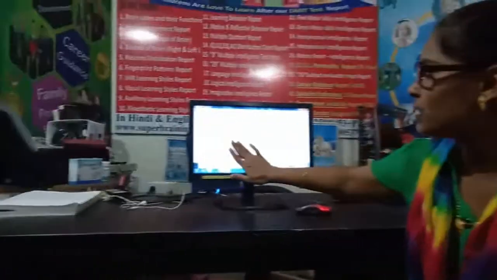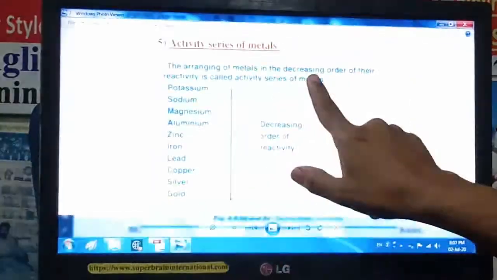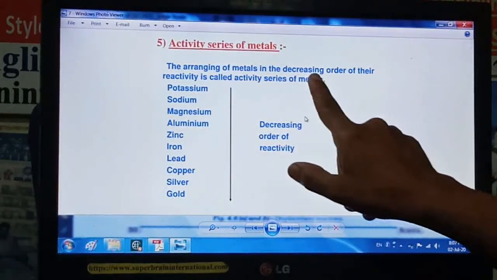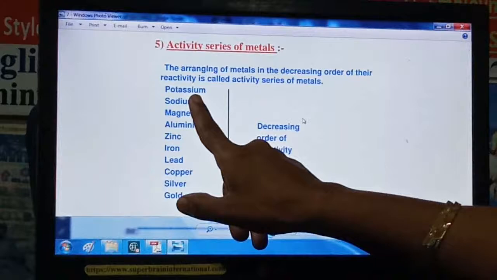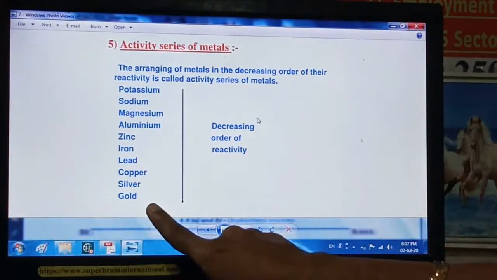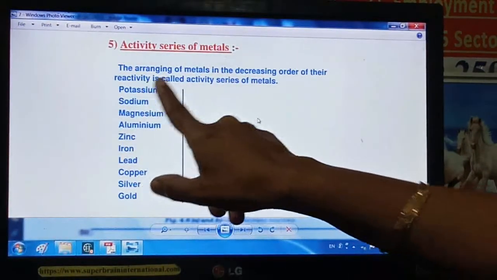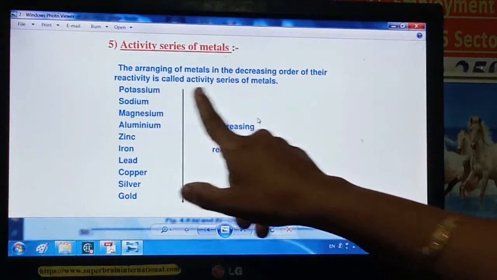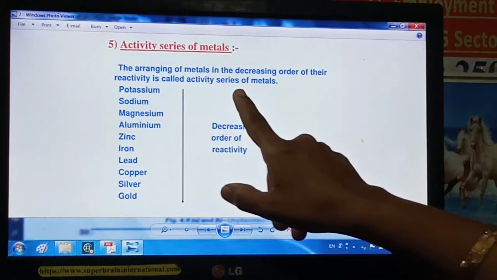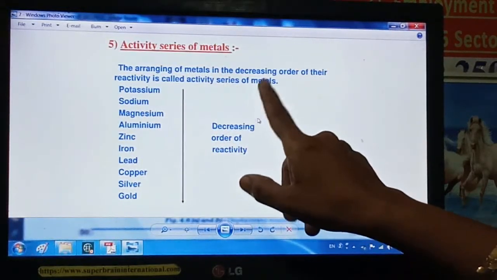Imagine we have arranged the metals according to their strength, how they form compounds with other molecules. The arrangement of metals in decreasing order of their reactivity, the highest at the top and the lowest at the bottom, is called the reactivity series of metals.